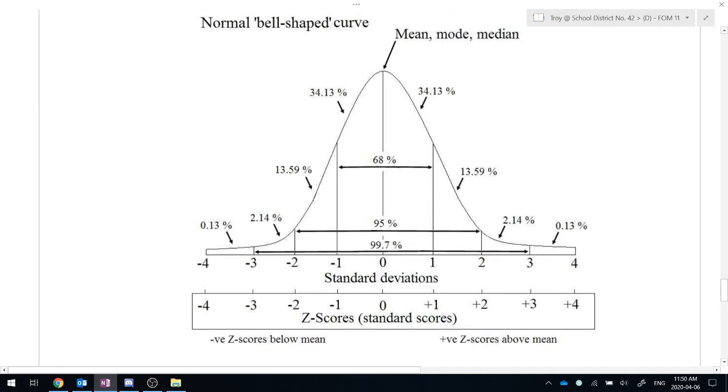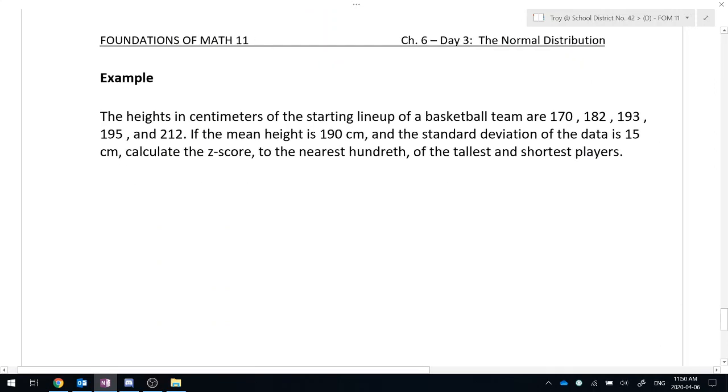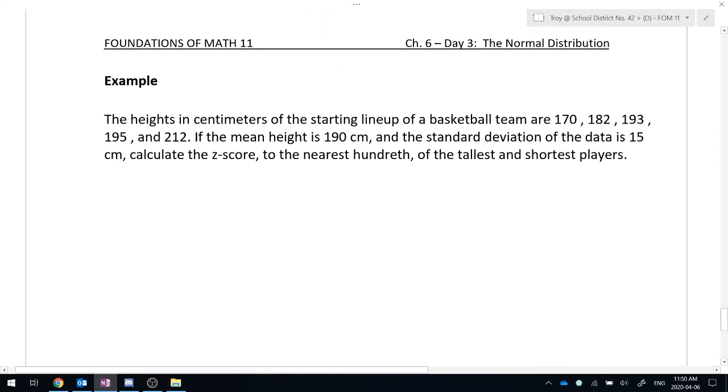This is another similar diagram. It has your standard deviations there, and it has your z-scores there. Let's do an example. For this one, we're studying the heights of a basketball team.